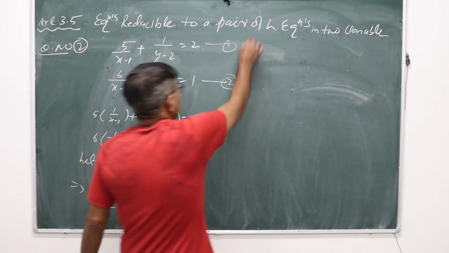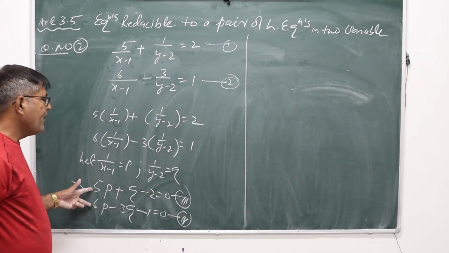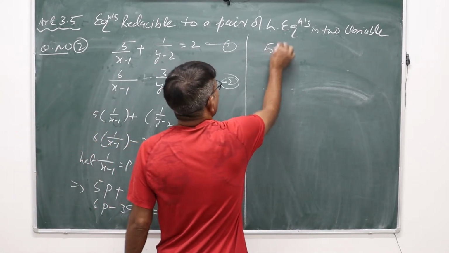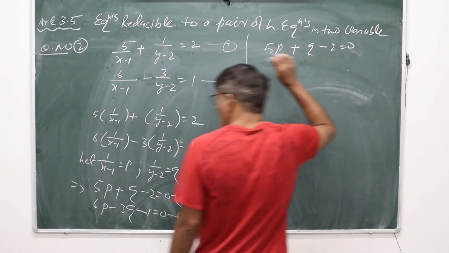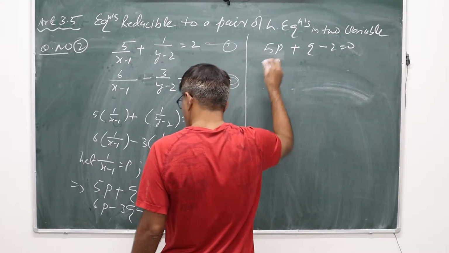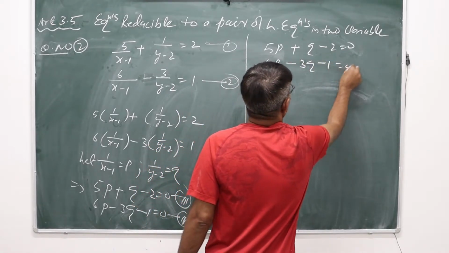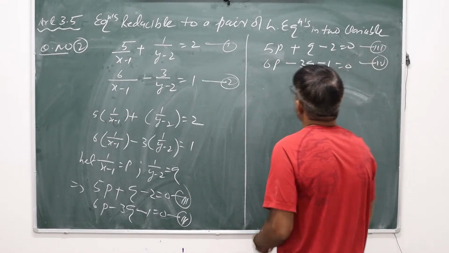Using the cross multiplication method, substitution or elimination, we can solve the pair of linear equations 3 and 4. So 5p plus q minus 2 is equal to 0 and 6p minus 3q minus 1 is equal to 0. This is equation number 3 and this is equation number 4.